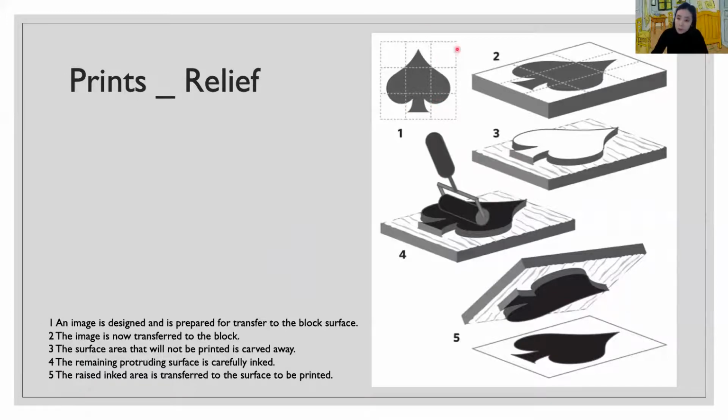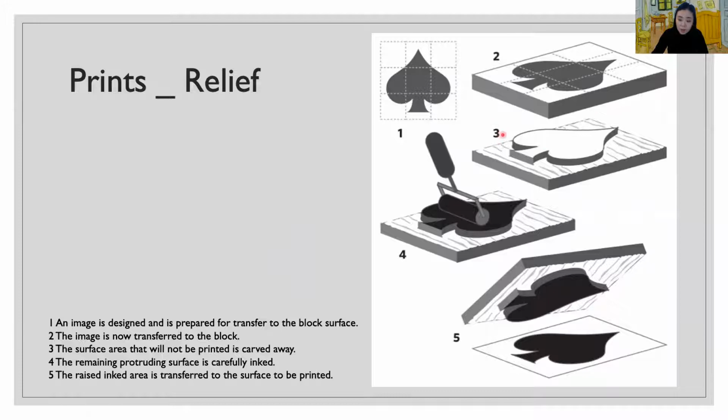So the first step, an image is designed and is prepared for transfer to the block surface. So here is the image to print, and then maybe an artist draws the image on the block for the relief printing.